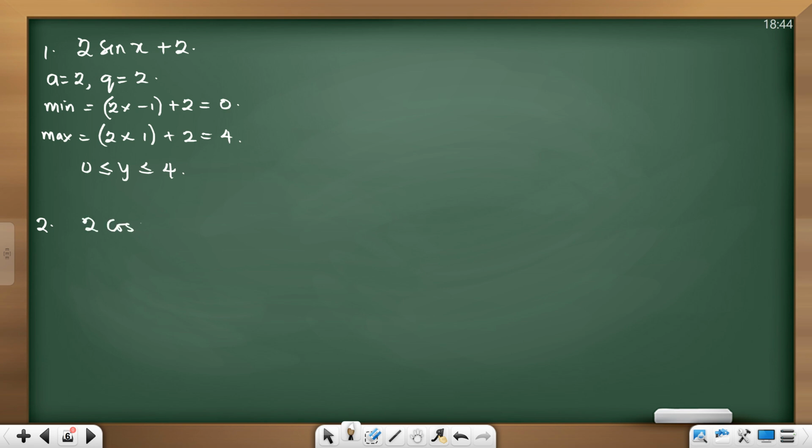Two cos x minus 3. What is the minimum value? First we said our A is what? What's our A again? 2. What's our Q? -3. So what's our minimum? A times -1 plus Q. What's your answer? -5.